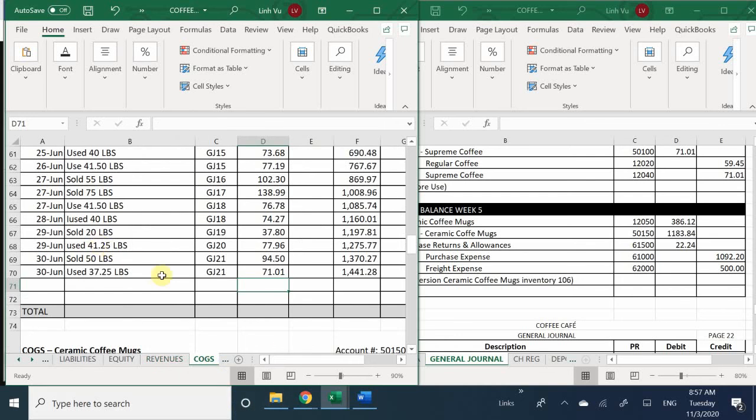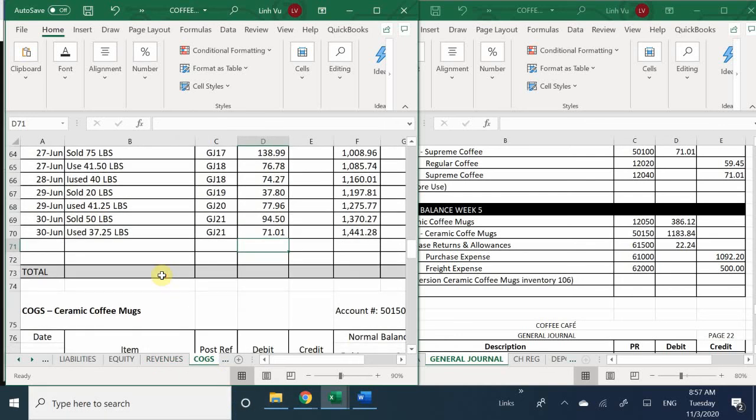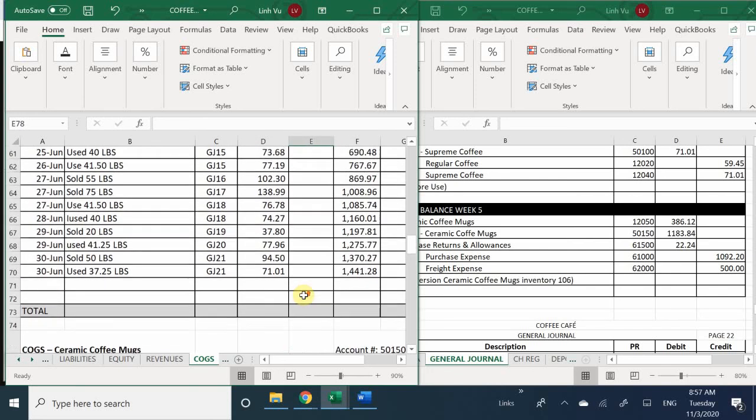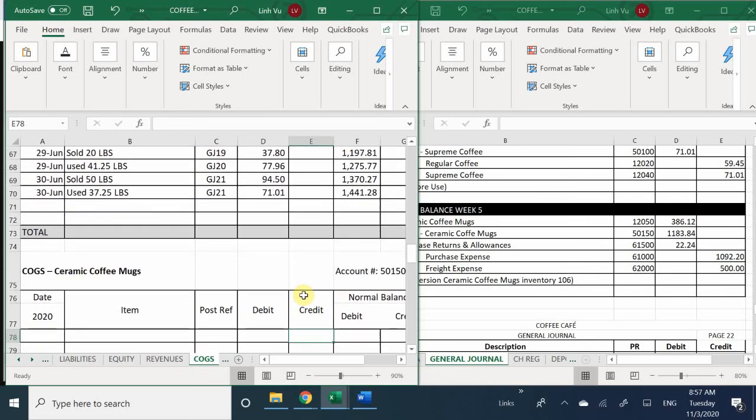Okay. Did you format the cells for the Excel for that? For which one? For the ceramic mugs? Format the cells meaning what? Like, did you do the formula? No, not yet. Okay, I was just wondering because I'm working in tandem with what we're doing.